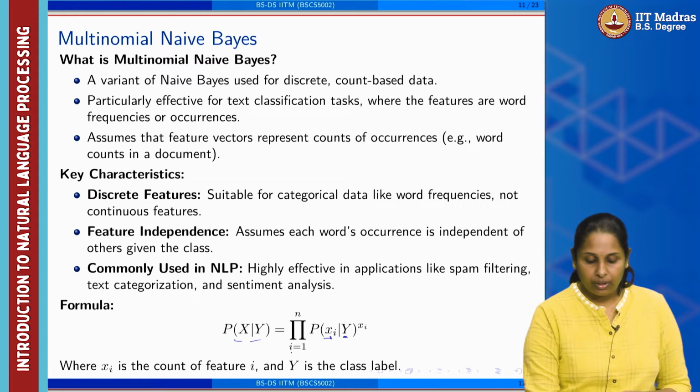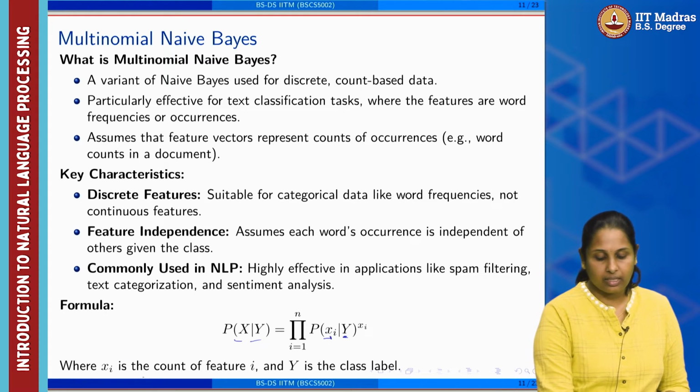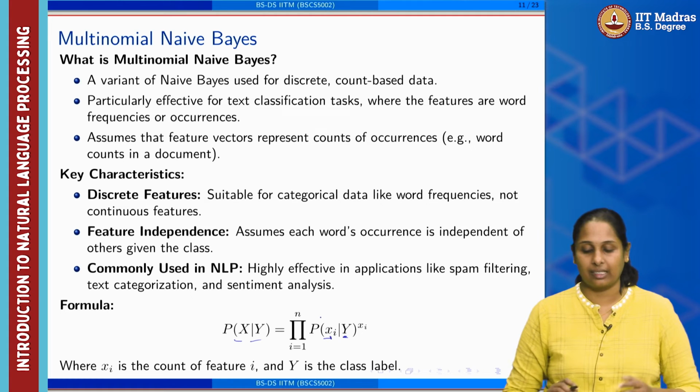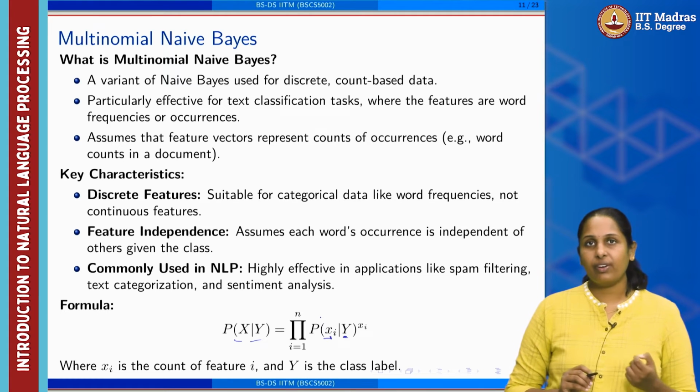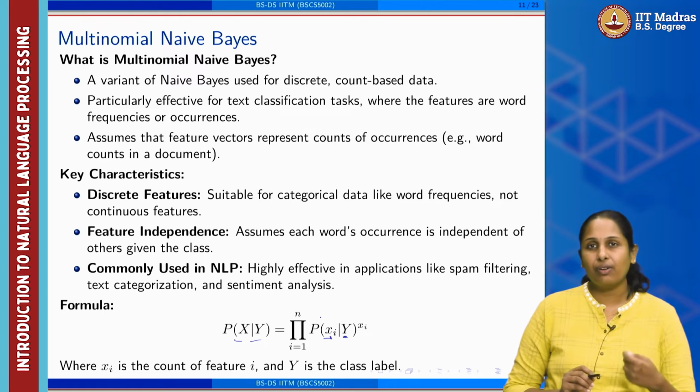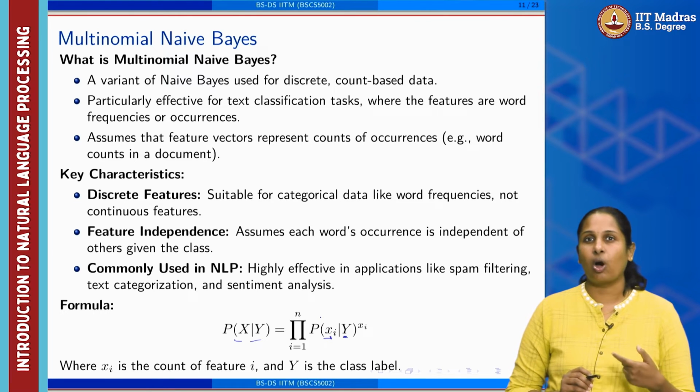Here x of i is the count of the feature i, and Y is the class label. So it is different from naive Bayes in terms of the discrete features and the frequency it uses to calculate.